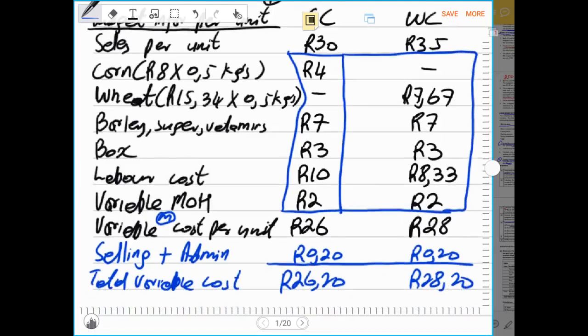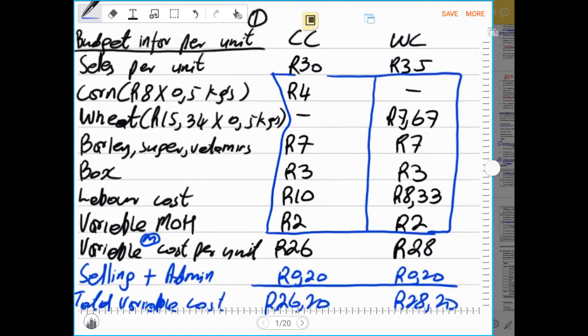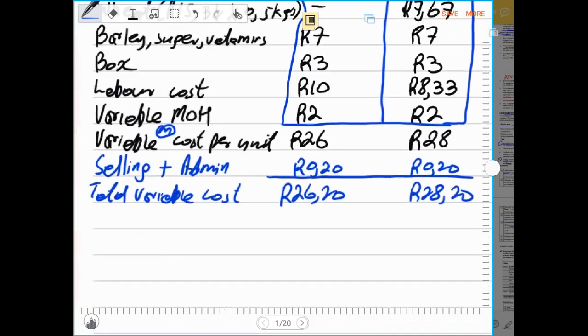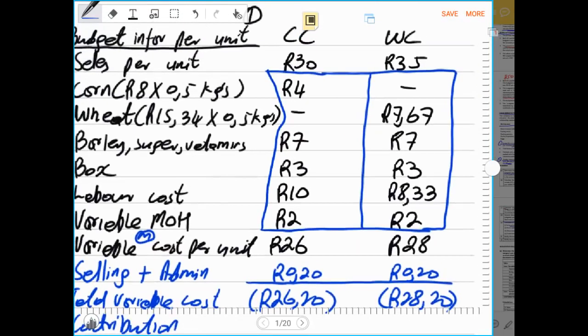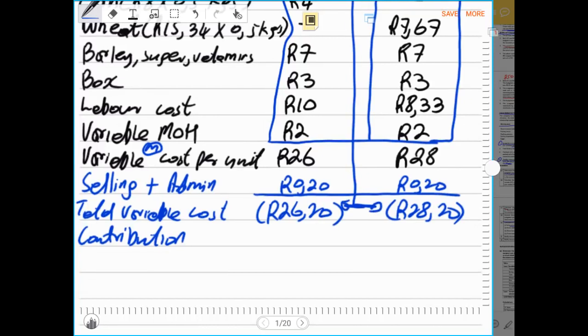So we got our variable cost. Therefore now we have to just split the variable manufacturing and the variable non-manufacturing. Then after we added that, we will get to our contribution. Our contribution will be the selling price minus our total variable cost.